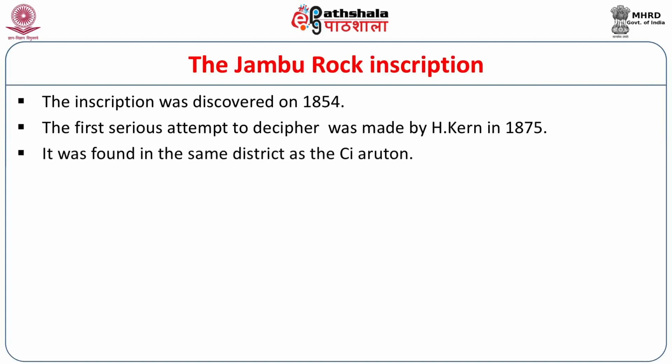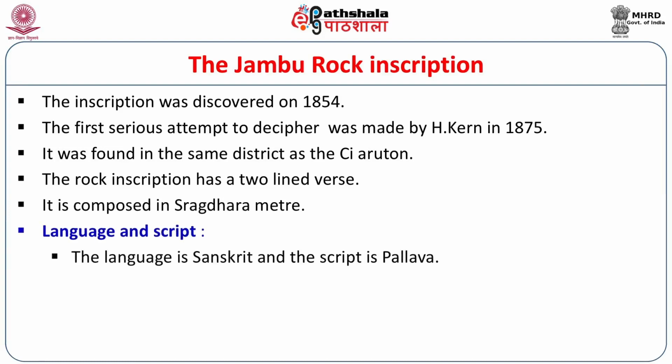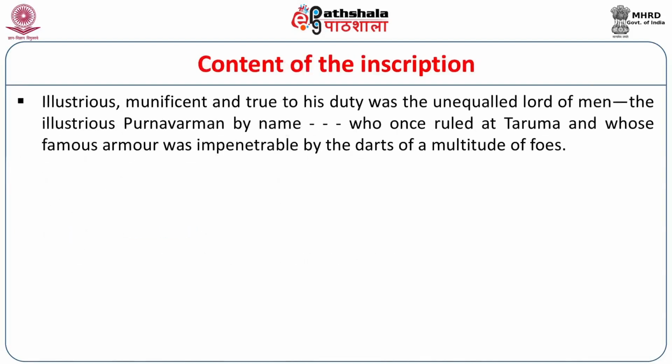It was found in the same district of Sioruton, which I have referred to as part of a big cluster of inscriptions, and here it is only of two lines. But these two lines are composed in Shardula meter. The language is of course Sanskrit, and the script is the same as with Sioruton, so they were using the Pallava script, which suggests the close linkage.